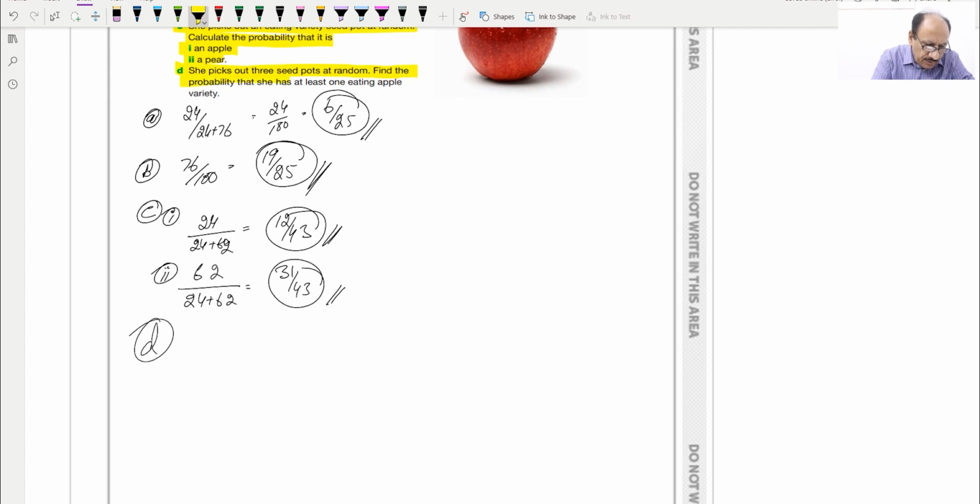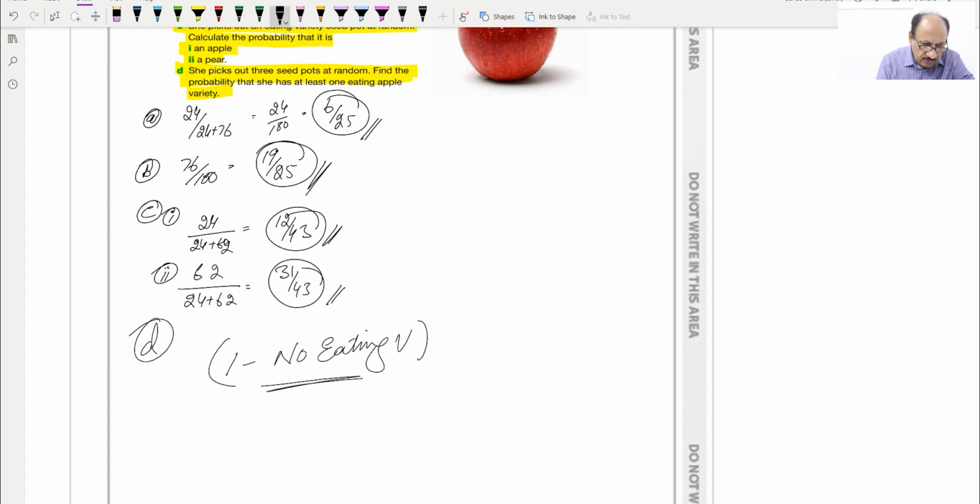Find the probability that she has at least one eating apple variety. So we will take the complement side, like for example 1 minus no eating variety. So the complement of no eating variety will contain at least one of the eating apple varieties.